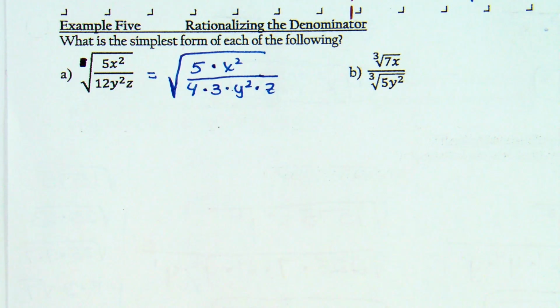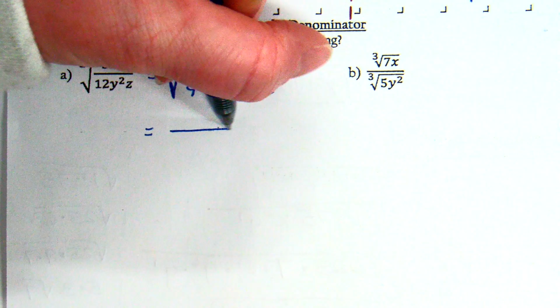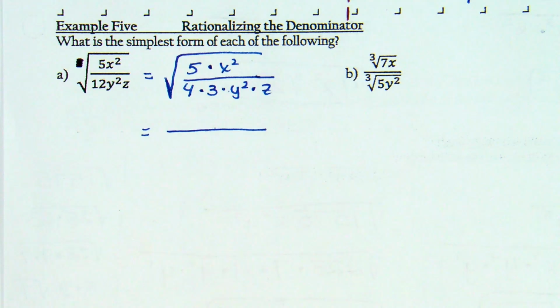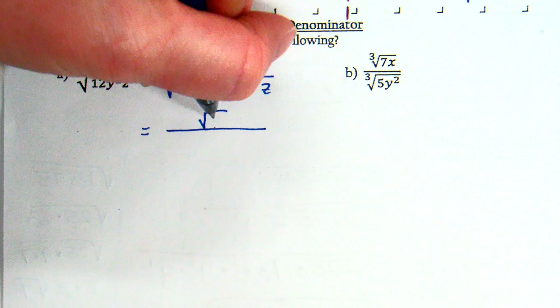Okay, so I'm going to think of this as a fraction here. In the numerator, what do you know about the square root of 5? Square root of 5 is just going to stay 5, so that's going to stay in the radical.